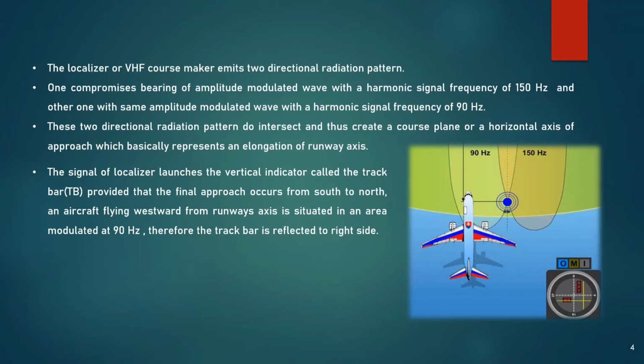The signal of the localizer drives the vertical indicator called the track bar, TB, provided that the final approach occurs from south to north. An aircraft flying west of the runway axis is situated in an area modulated at 90 Hz, therefore the track bar is deflected to the right side.